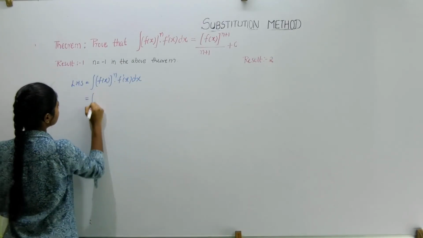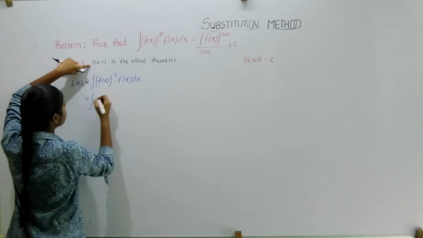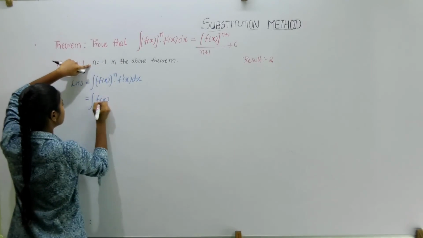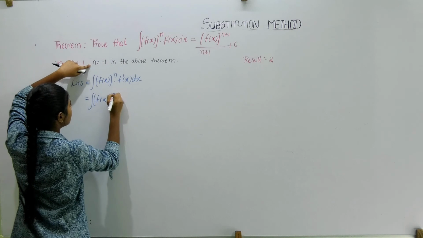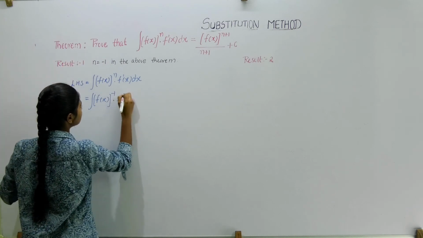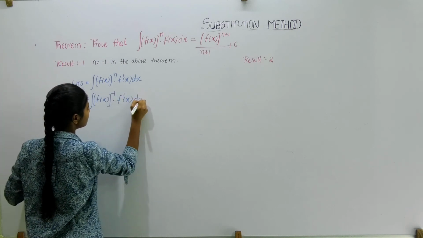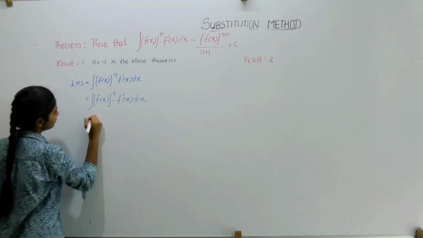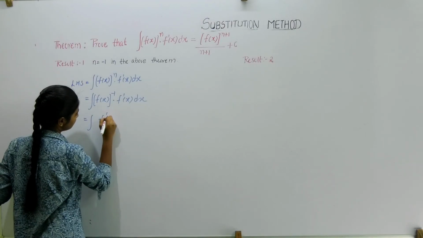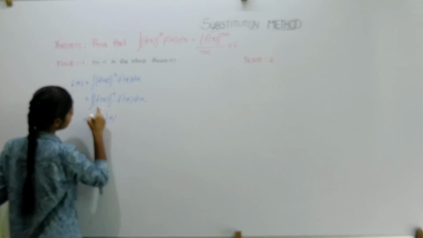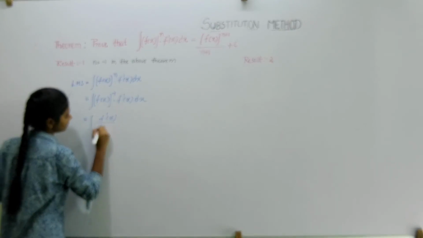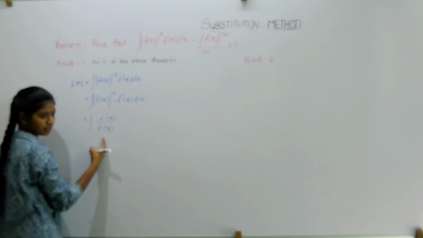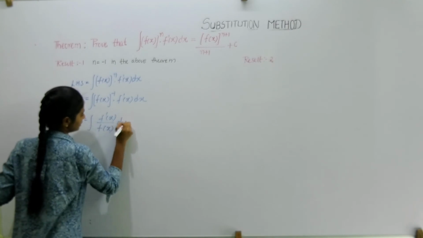It is equals to integral, when we put n is equals to minus 1, f of x whole power minus 1 into f dash of x dx. Now to simplify this, this becomes f dash of x by this f of x whole inverse. It will be written in the denominator f of x dx.